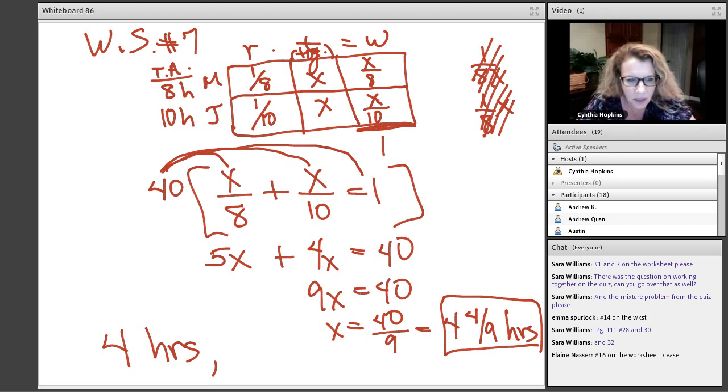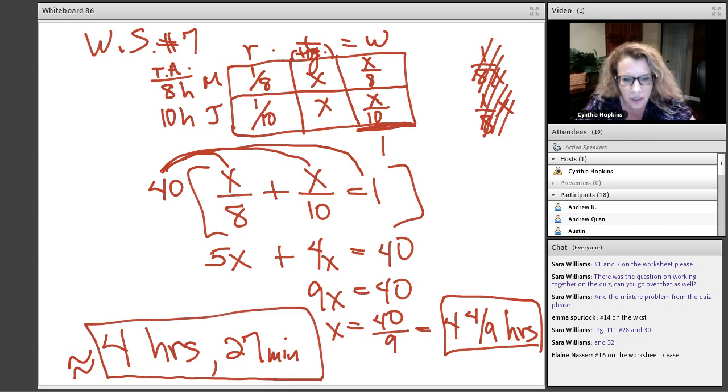And so this is approximately, I'm going to put my little squiggly equal sign down here, approximately 27 minutes. Okay, so if you changed your 4 and 4/9 hours to hours and minutes, it's approximately 4 hours, 27 minutes. The 4 and 4/9 is exact, so I actually prefer that answer.